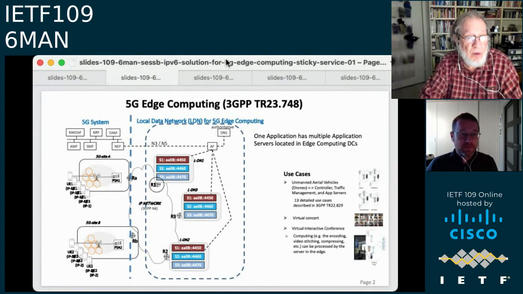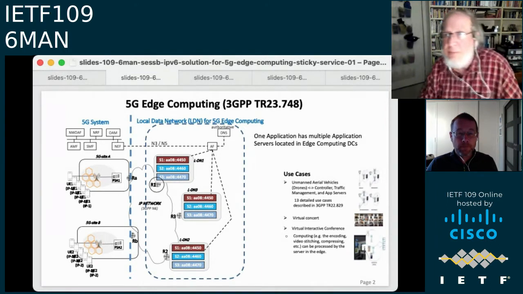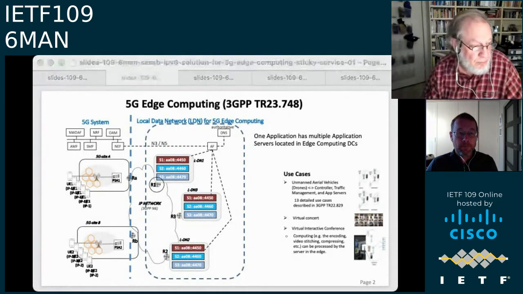In a nutshell, there is a 5G system on the left-hand side of the dotted line. We have cell tower, we have packet session anchor, and we have distributed functions for the 5G system. There is an interface to the local data network, they call LDN, for edge computing.